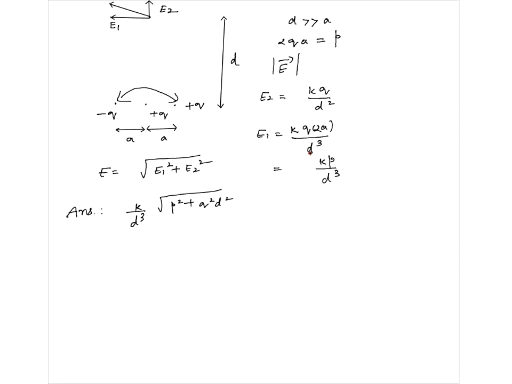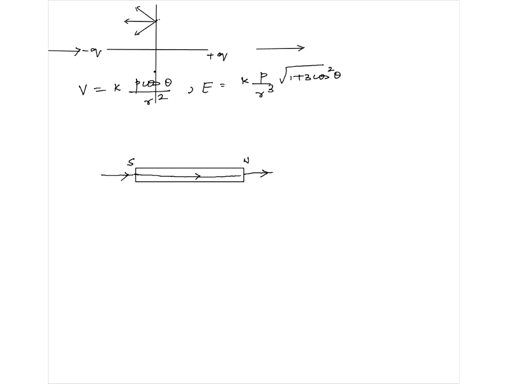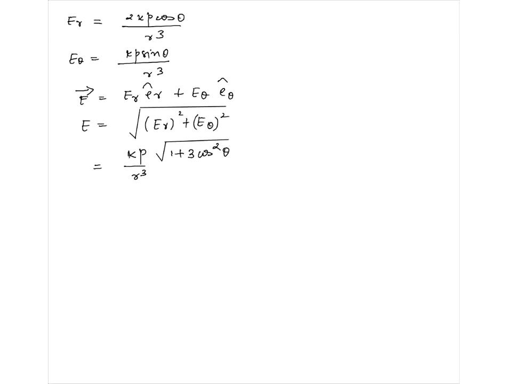Anything else? Sir, is r the distance between the two charges in the formula of the dipole? Let me clarify. In this formula, r is the distance from the center to the point of interest.